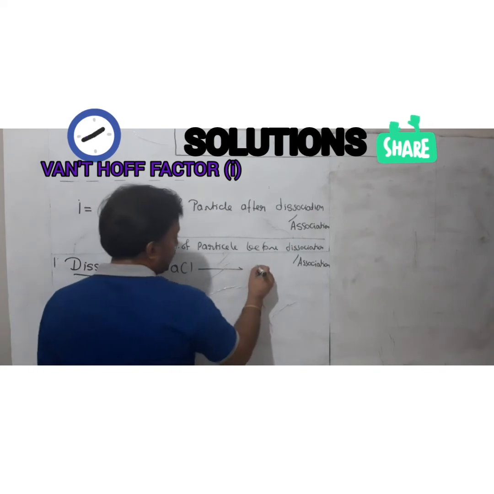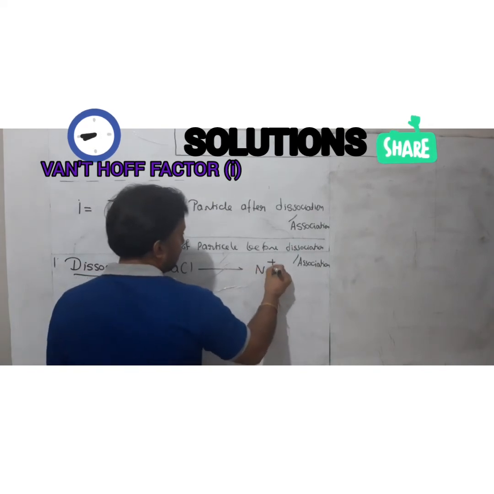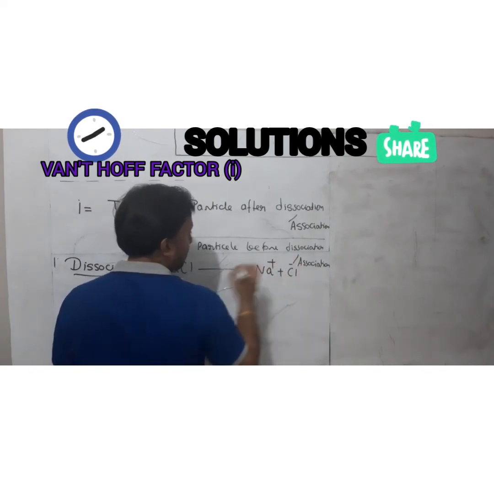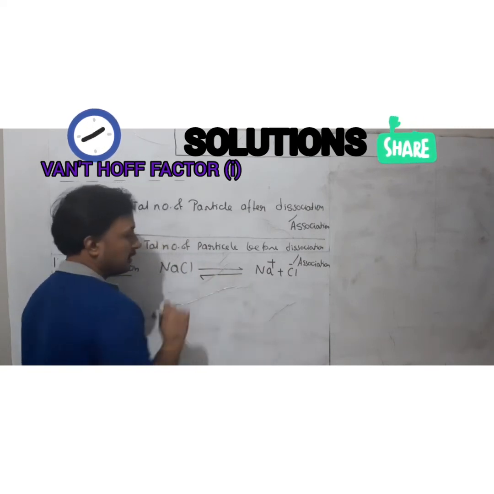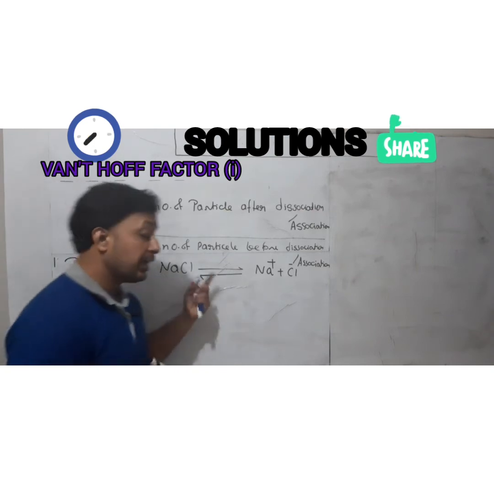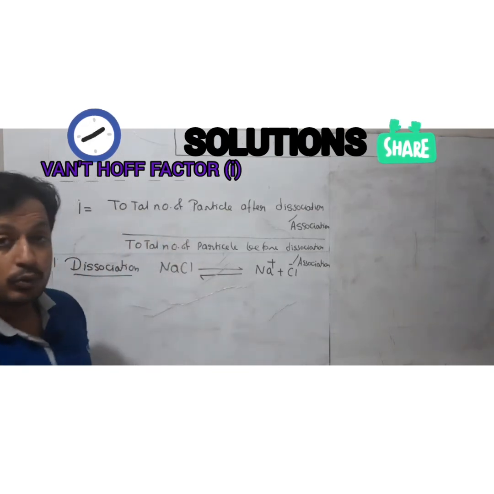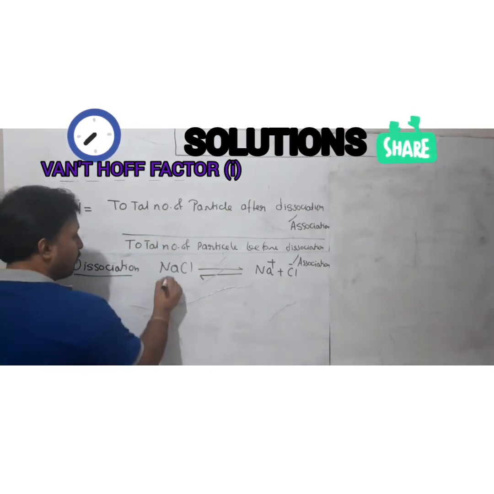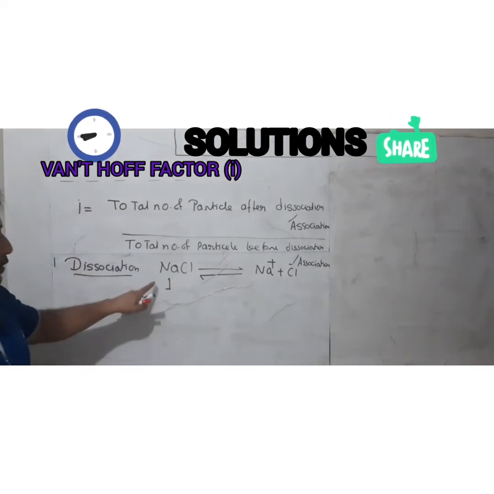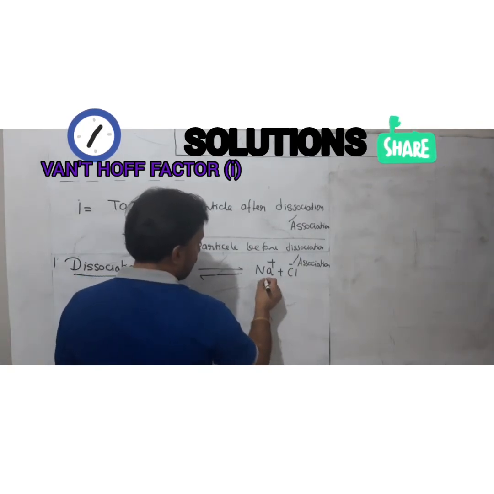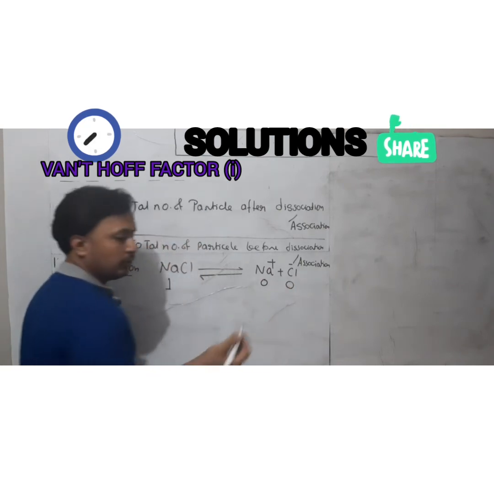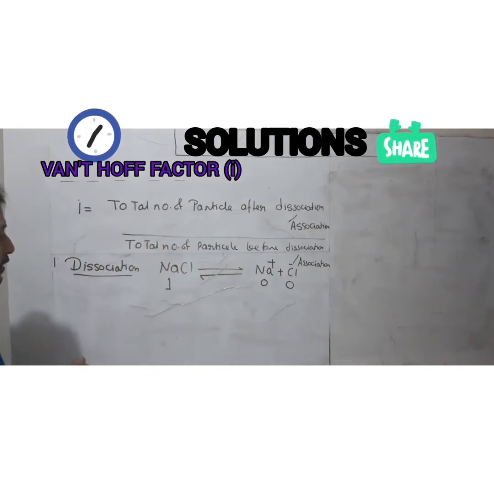Suppose it will undergo dissociation, and on dissociation it will be giving Na plus and chloride ion, okay, and after some time the dissociated and undissociated molecules will have an equilibrium. Now before the starting of the reaction, the number of moles of NaCl we considered as 1, and the number of moles of the molecules which are dissociated will be 0, because obviously the reaction hasn't started.